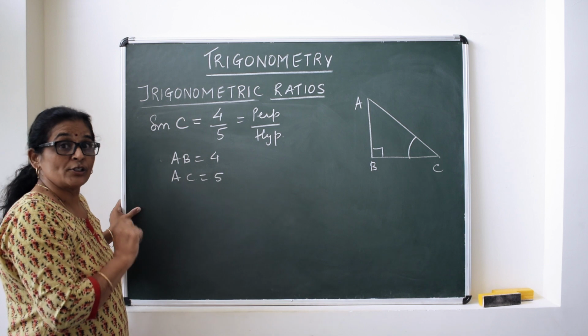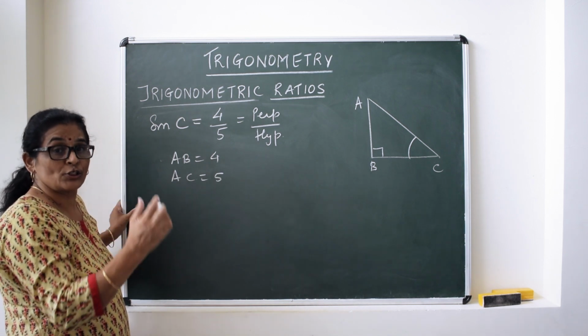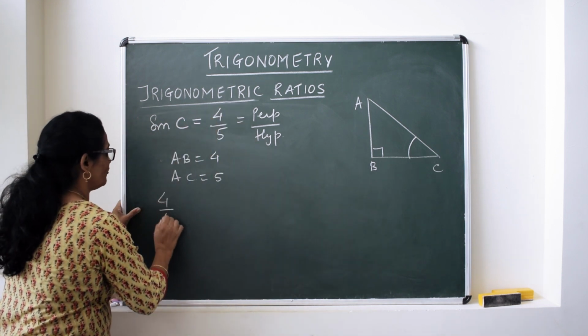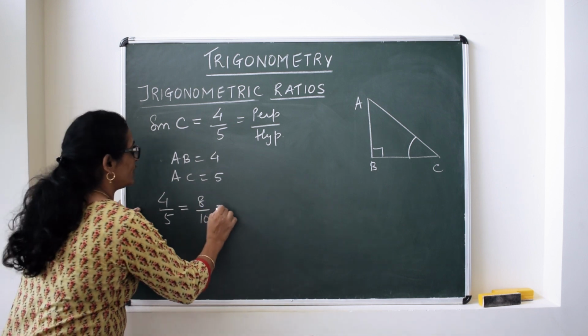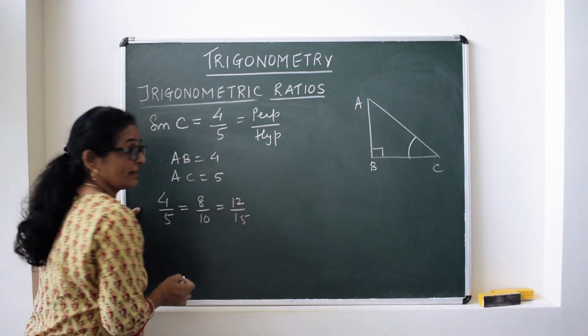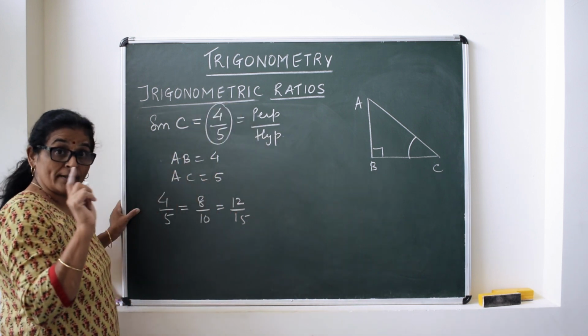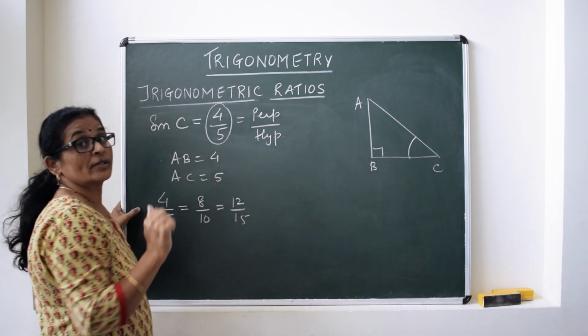But actually when the ratio is given, that is not the length of the side. It is a ratio, and a ratio is in the smallest numbers. For example, if I say 4 by 5, it can be 8 by 10 or it can be 12 by 15. So the ratio given to us is not actually the length of the particular side of the triangle.